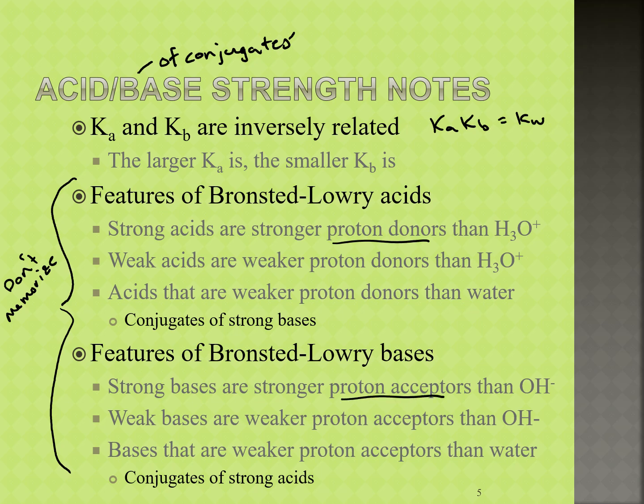And then we have weak acids, which are okay at that, and weak bases, which are okay at that. And then we have these conjugates, and they are pretty darn weak overall. But don't memorize all these things. Just understand that there's kind of a pecking order to them. When you're talking about weak acids and weak bases, you can find out how strong or weak they are by looking at the relative sizes of their Kas and Kbs.